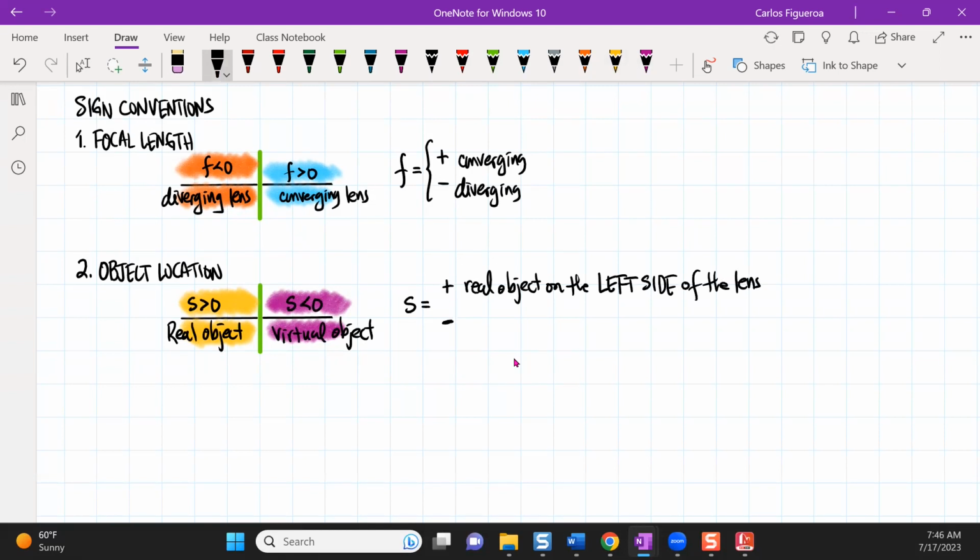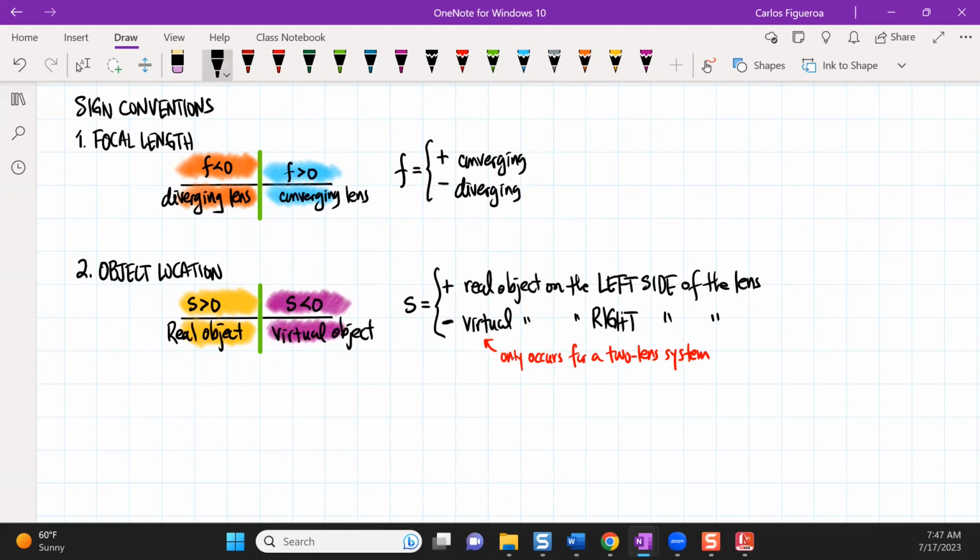However, in a two-lens system, I can have a virtual object that's on the right side of the lens. But remember what I just stated: this only occurs for a two-lens system. By the way, it can also occur for a lens mirror system.